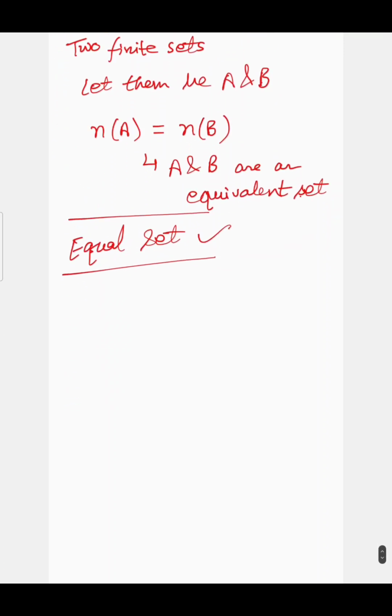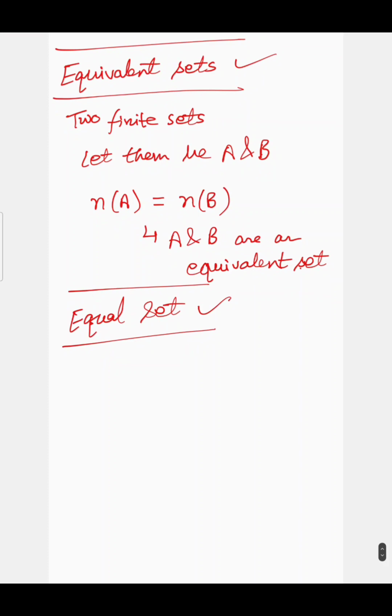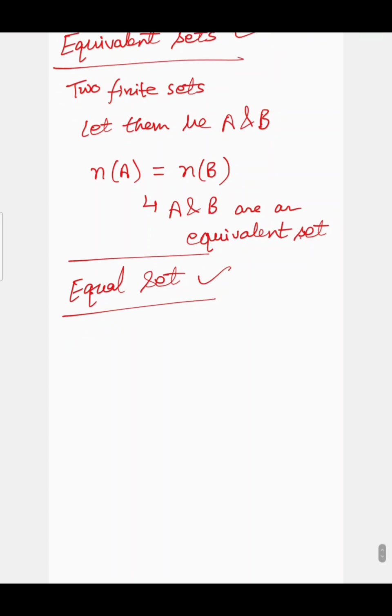For two sets to be equal, every element of A has to be a member of B and every element of B has to be a member of A. That means the elements of both the sets have to be the same. The elements of A and B have to be the same.